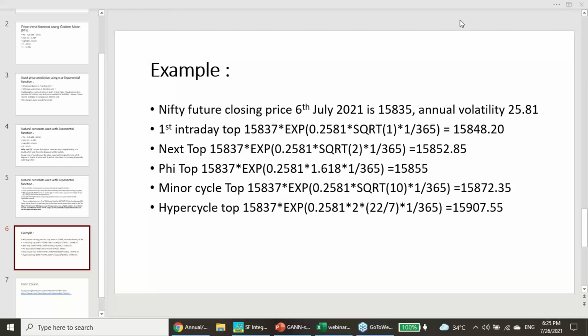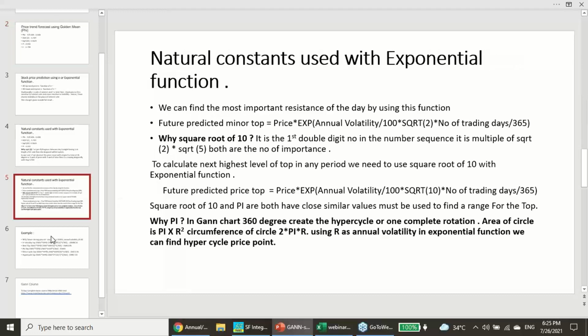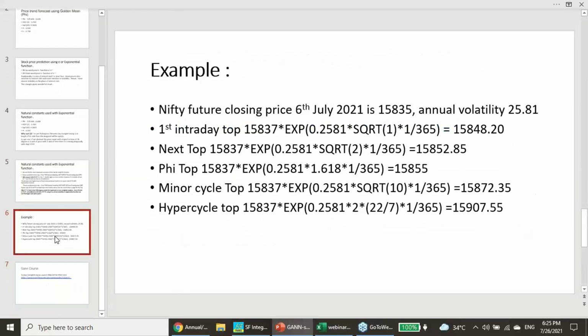What I'm going to do here is arrange these constants in chronological low to high order. First phi is there, square root of 2 is there, square root of 10 is there, pi is there, exponential is there. I'll arrange these in order and give them their names. First, I'm taking just the annual volatility without any constant.